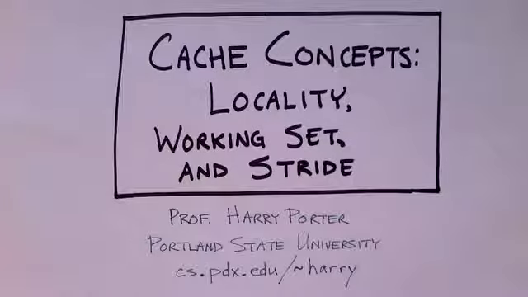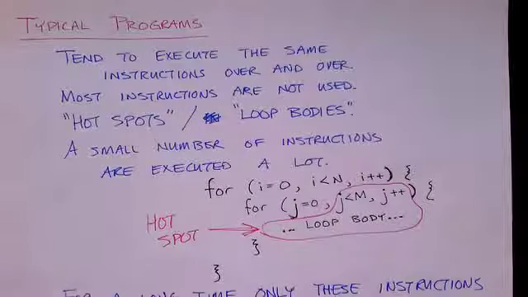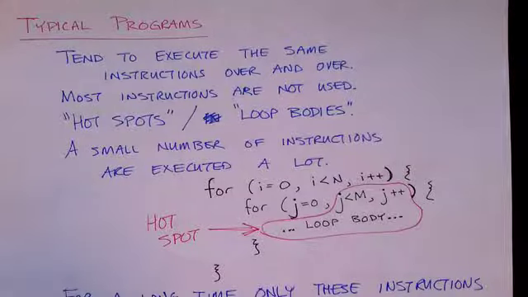In this video we'll talk about why caching works so well, and that's because of the principle of locality and the idea of the working set. We'll also talk about the stride for programs that go through memory in regular ways. Most programs tend to execute the same small set of instructions over and over repeatedly.